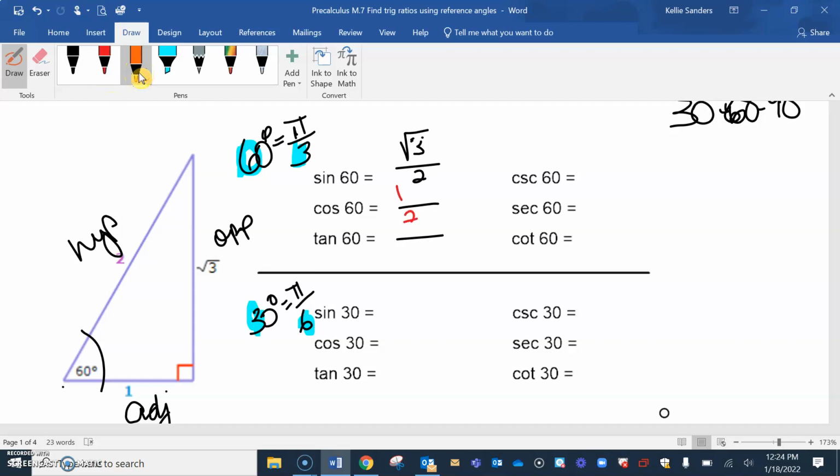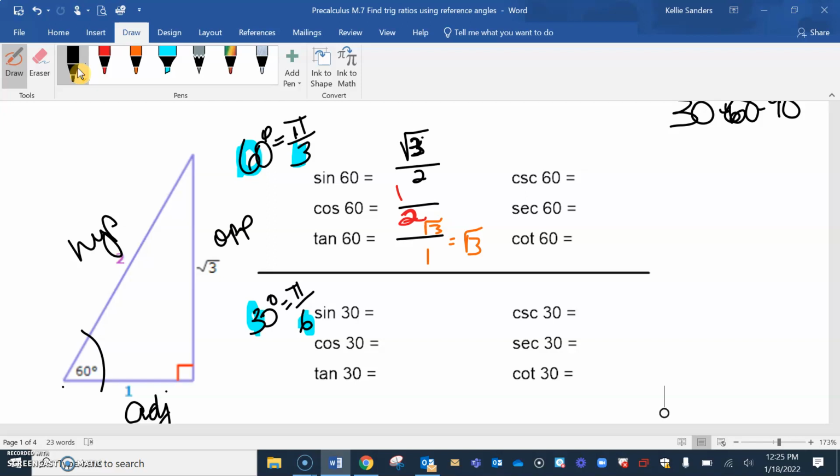And tangent is square root of 3 over 1, which is just square root of 3. Okay. You want to somehow be able to recall these, maybe not necessarily in a quick fashion, but you want to be able to know how to get the answers when the ACT comes around.